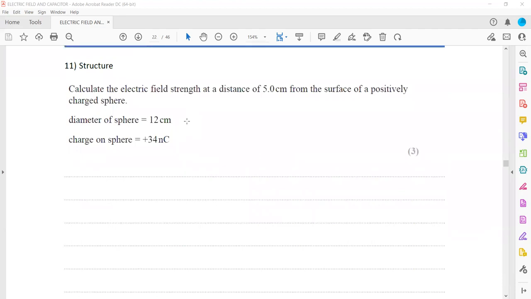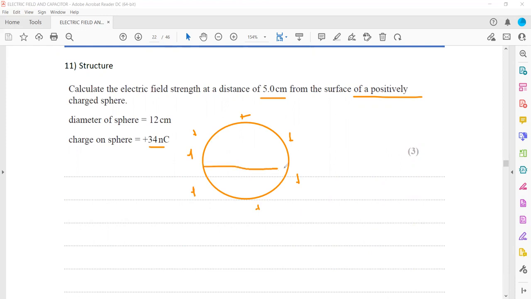In question 11, we have to calculate the strength of the electric field at a distance 5 centimeter from the surface of a positively charged sphere. The diameter of the sphere is 12. Like this is a sphere which is positively charged. The charge on the sphere is 34 nanocoulomb, and the diameter of this sphere is 12 into 10 to the power minus 2 meter.